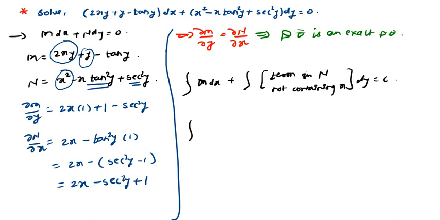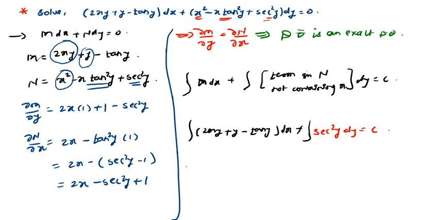Now put values. M is 2xy plus y minus tan y dx, plus the terms in N not containing x. So this term contains x, this term also contains x, and this term does not contain x. So this will be only sec square y dy equal to constant.